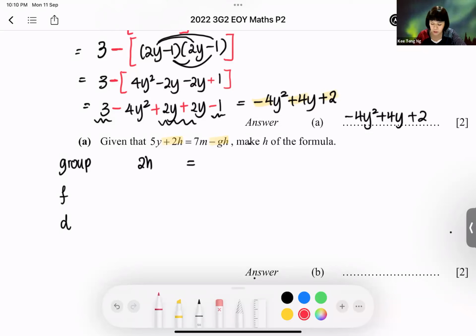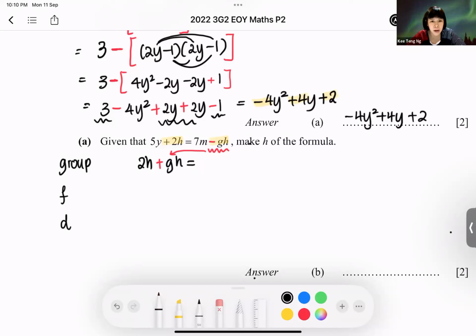So which other term with H migrates over? Negative GH migrates over. So negative GH goes over here. Undo the negative, undo subtraction, it becomes addition. So it's plus GH.